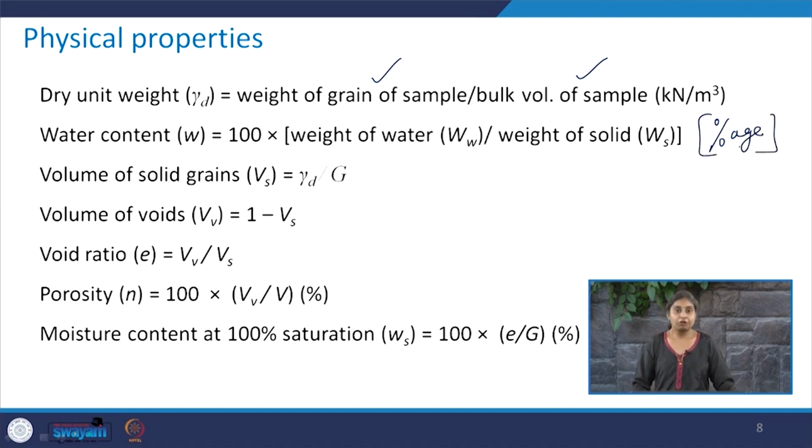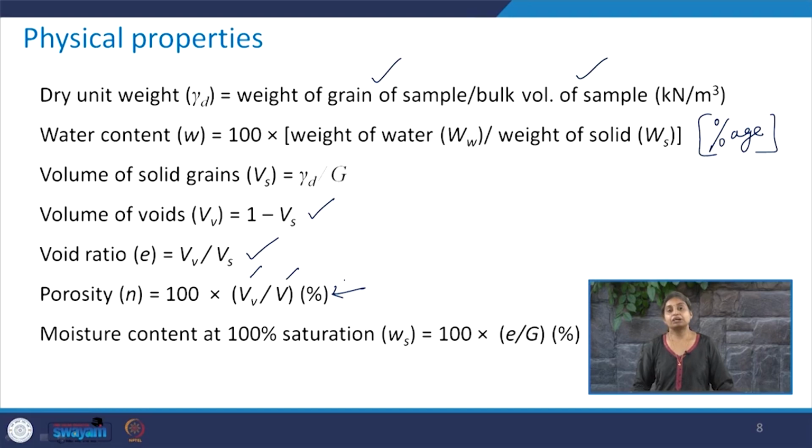Then the volume of solid grains, and the volume of voids is 1 minus the volume of the solid grains. Void ratio, usual definition. Porosity, volume of voids by the total volume multiplied by 100, again represented in percentage.